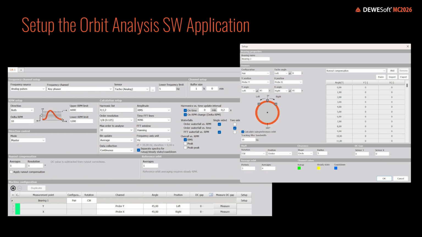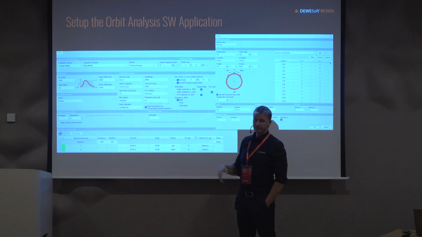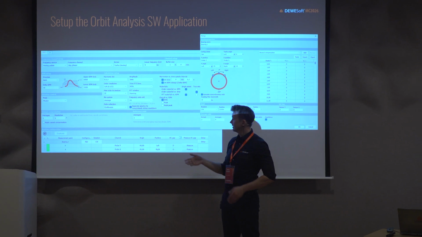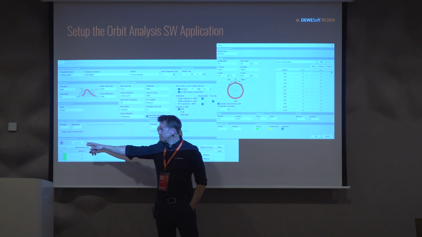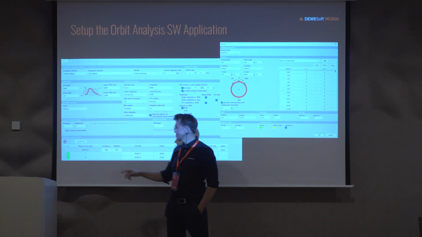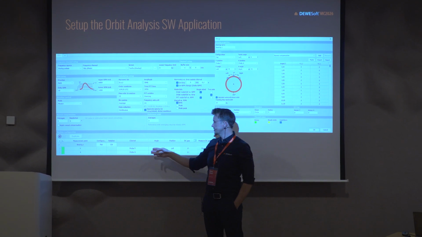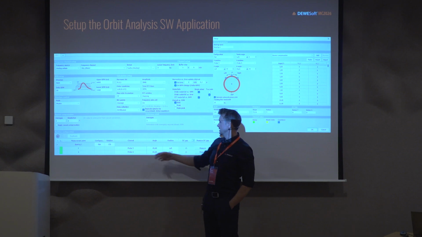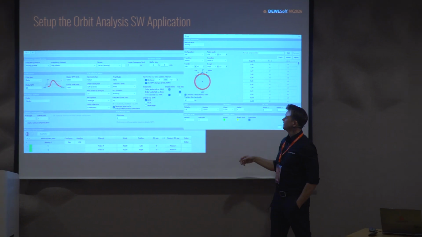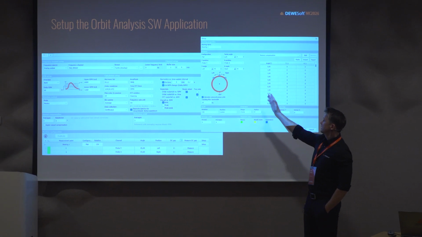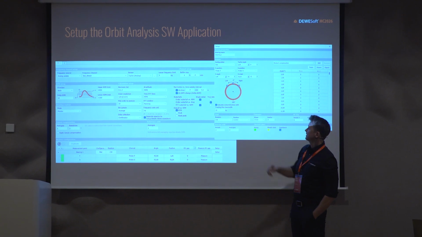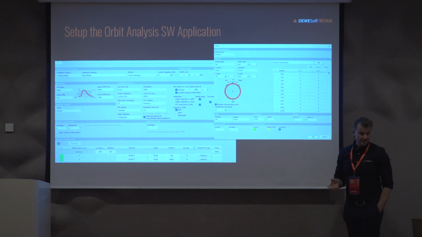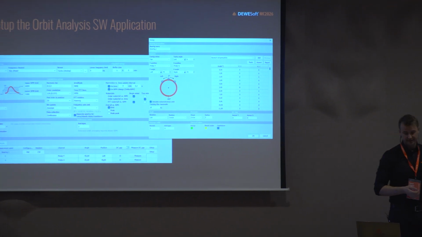So you have the speed in, and that helps by transforming this time block to the angle domain. And then down here, you can select multiple bearings, general bearings, where you have one or two probes you select here. And for those probes, you can define the angles they are mounted at compared to the keyphasor, and that is the basic setup.